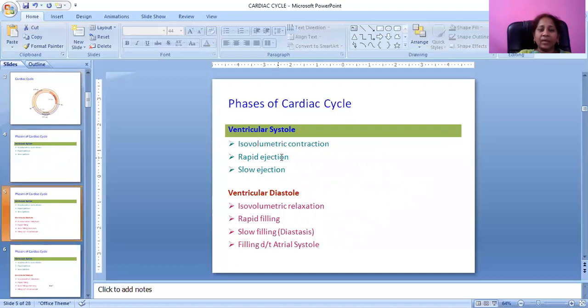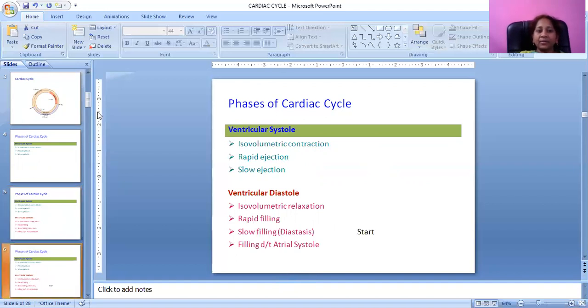After ventricular systole comes ventricular diastole. In ventricular diastole, there is isovolumetric relaxation, rapid filling, slow filling, and filling caused by atrial systole.